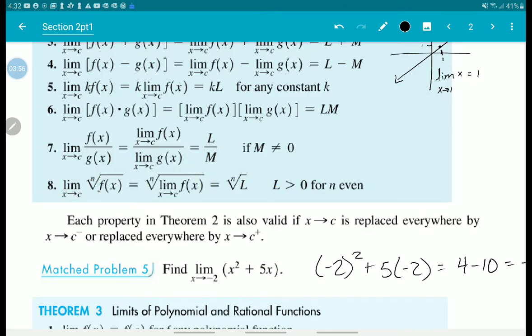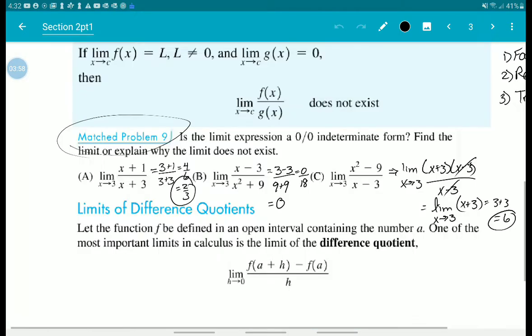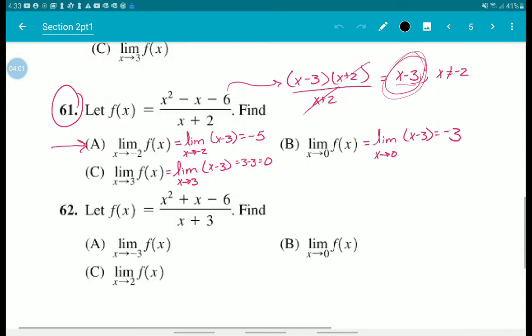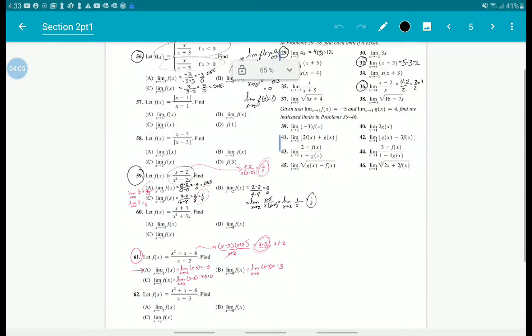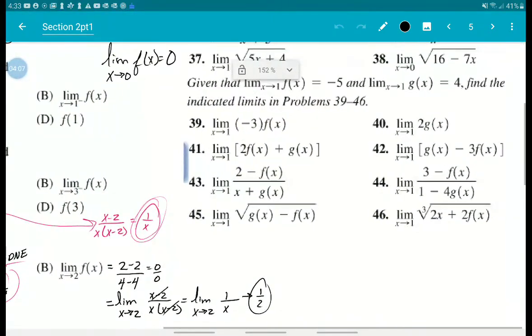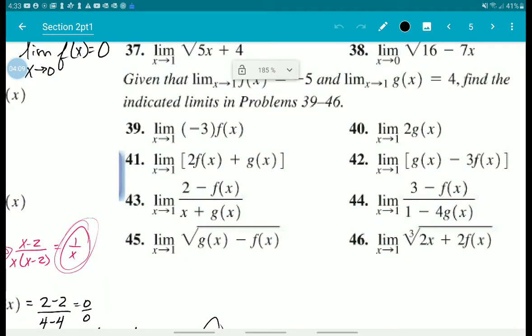So let's apply those properties. We're going to apply those here. Let's look at 39. The limit as x approaches 1 of negative 3 times f of x.